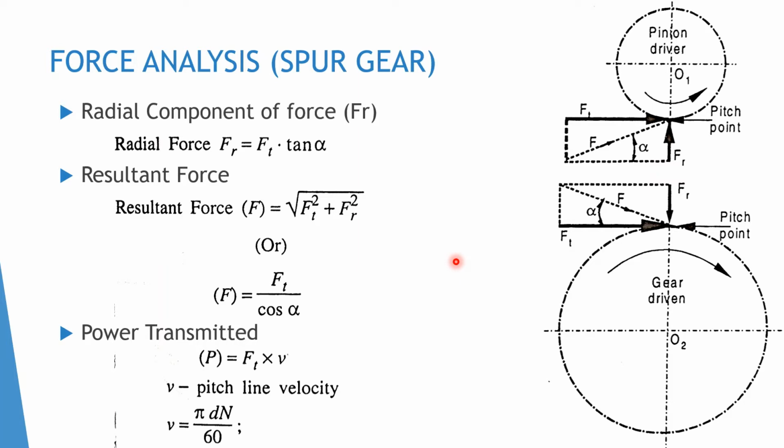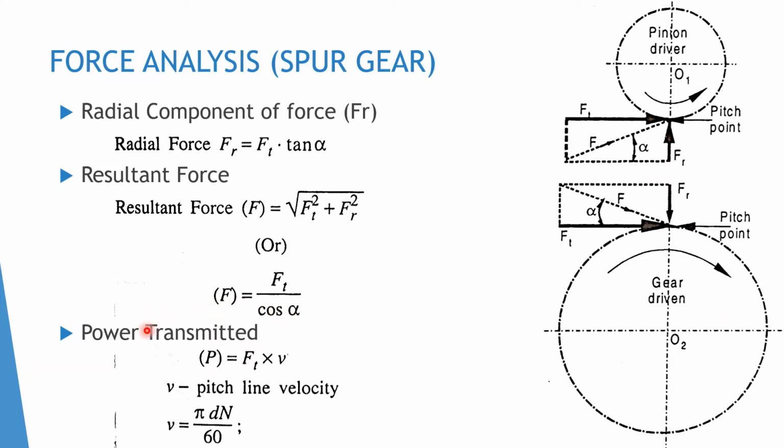Then the radial component of force Fr. From this right angle triangle, we can see that the radial force Fr is equal to Ft into tan alpha, and the resultant force F is equal to the root of Ft square plus Fr square. Substituting this in this equation, we get F is equal to Ft by cos alpha.